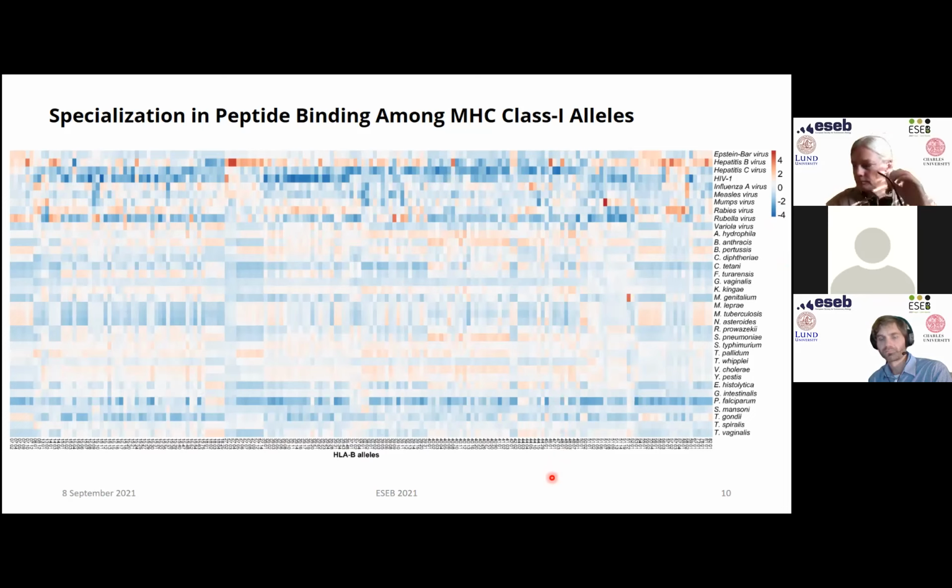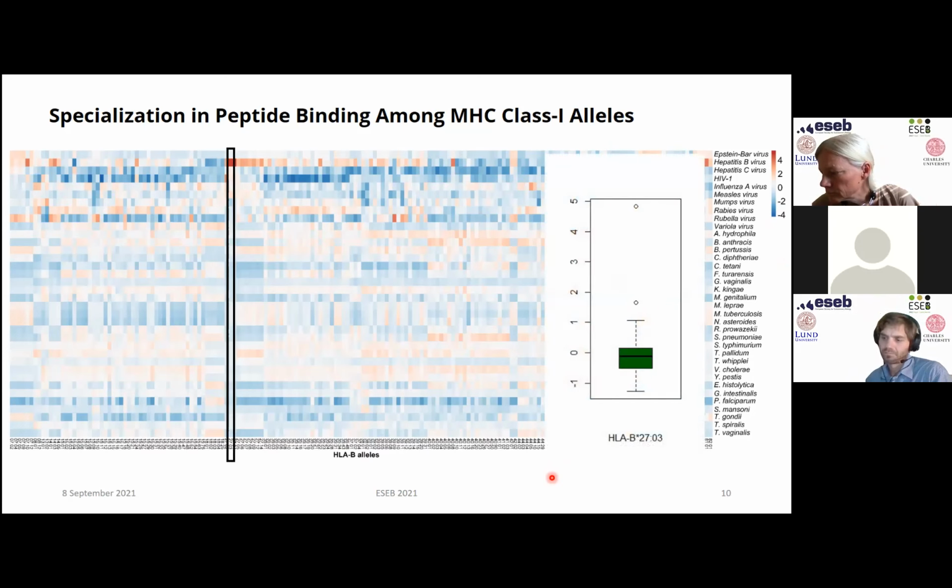Now, the overall pattern is that we can see mostly light colors, which indicates most of the alleles bind a reasonable amount of peptides from most of the pathogens, but we can still observe some extreme values. To analyze these extreme values, we have come up with a specialization score. So let me show you with an example what this specialization score is.